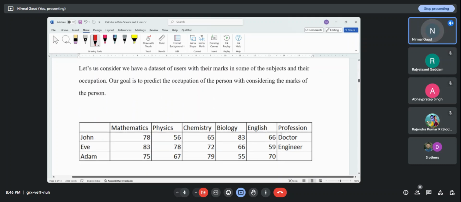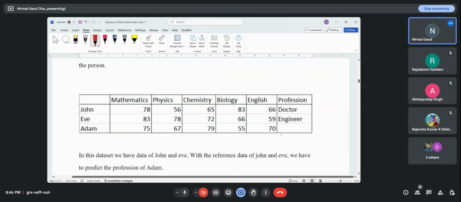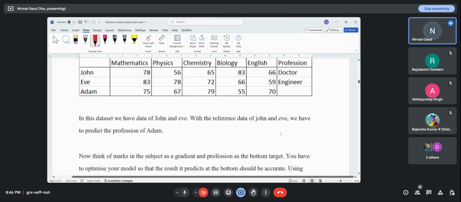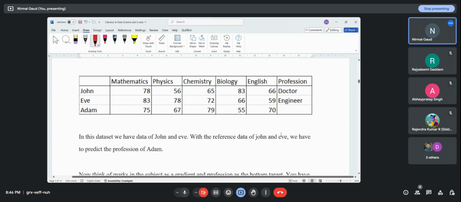Let us suppose this is your data: John, Eve, and Adam. These are the marks they have in the subjects, and their profession, what they are going to be, is predicted by the model. Here John and Eve are going to be a doctor and an engineer. For Adam, it is not mentioned what he's going to be.